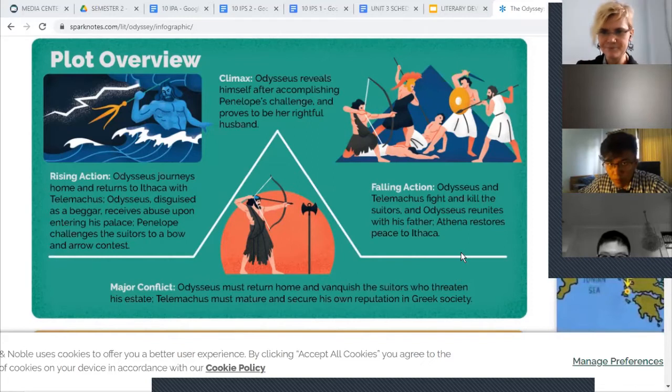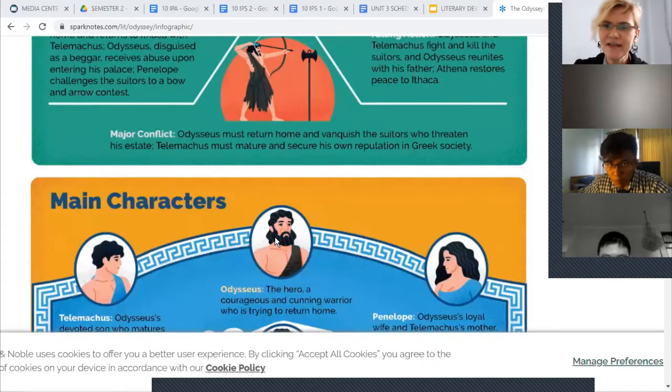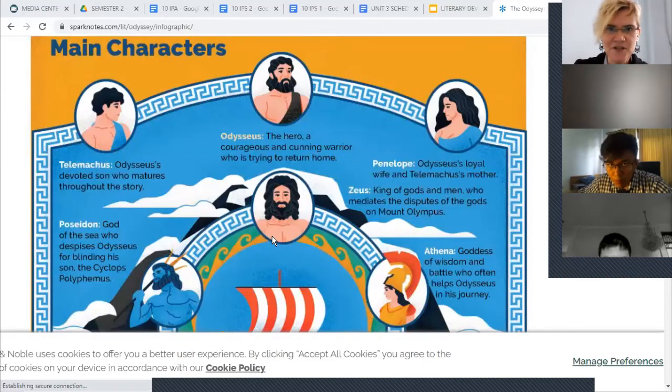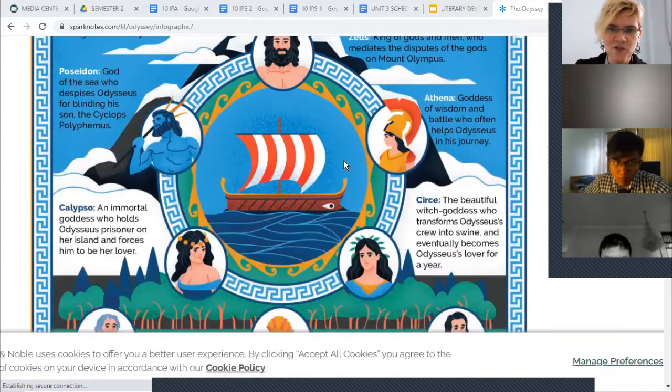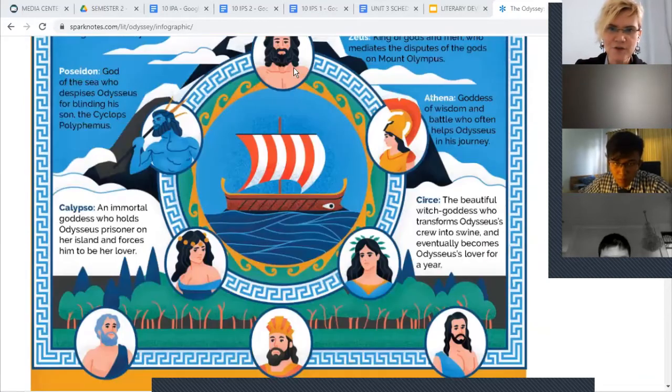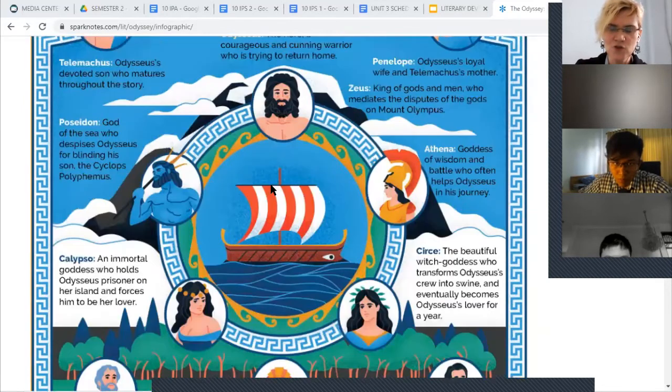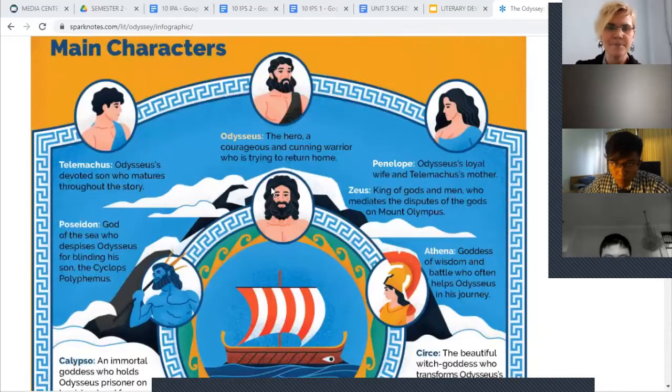Okay? Now, let's look at the setting, the main characters for a bit. Here are the main characters, the three. Then we have the smaller characters, and these are the Greek gods, yeah, that are central to the story since it is Greek mythology. Back in those days, they really believed in that. It's interesting if you look at that history.